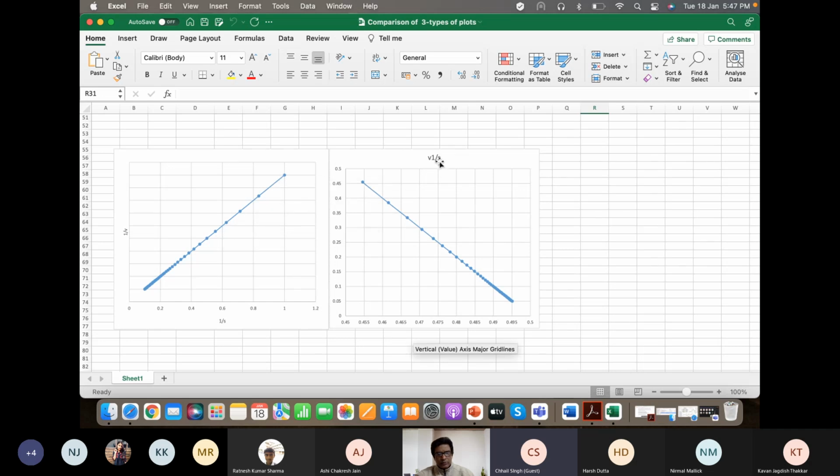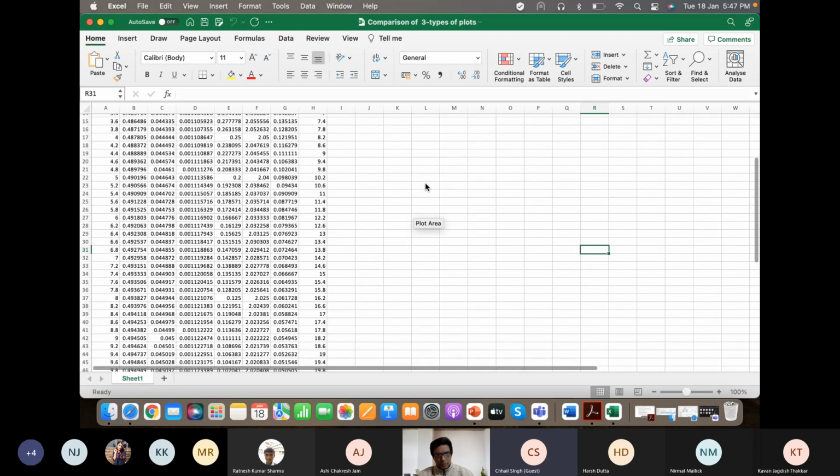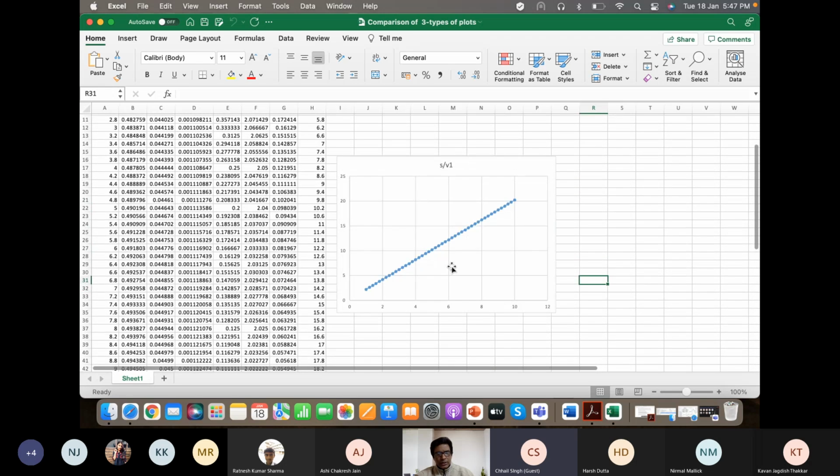And when you do the reverse, v by s versus v, you see amplification taking place at this part of the curve. So this part of the curve will dominate the plot of the straight line, and this part will also dominate. So if you have errors, you have to be careful. Whereas this one, though normally it's not used, is actually equally spreading the data out, and you don't see any spread of the data. Clear?